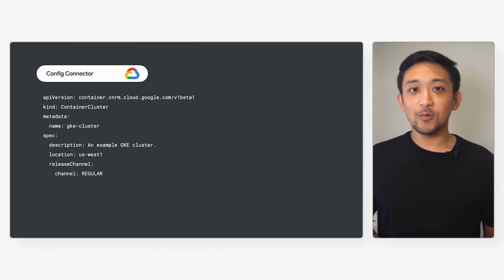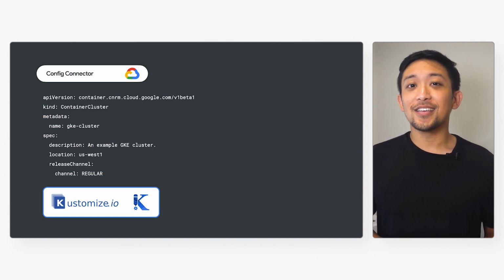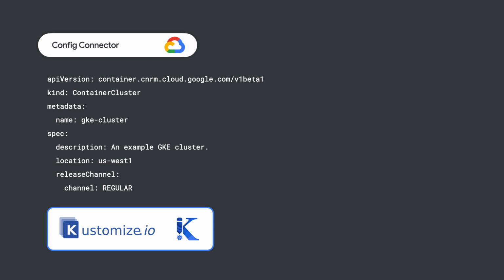Using Kubernetes custom resources and controllers built by Google, you can use Config Connector to write your cloud infrastructure, including your GKE clusters, using the Kubernetes API. This allows you to use tooling like Kustomize and Kpt to templatize and package your manifest defining your infrastructure in the same way you might for workload definitions in Kubernetes.